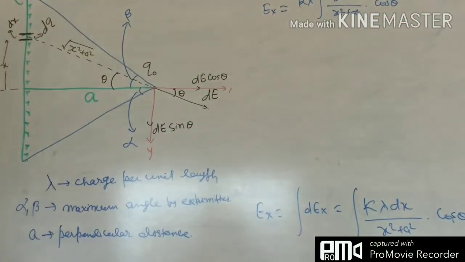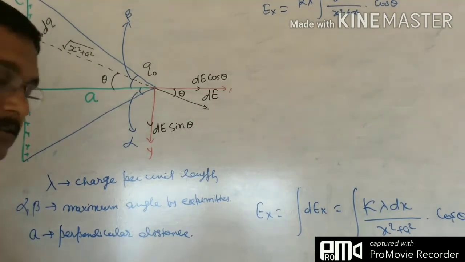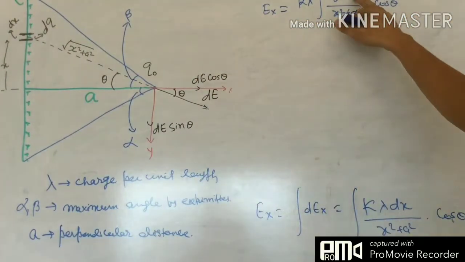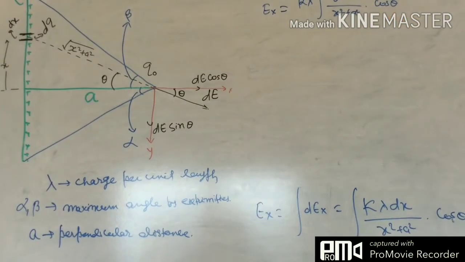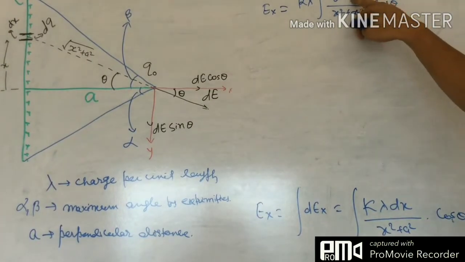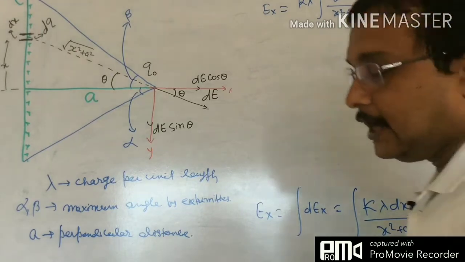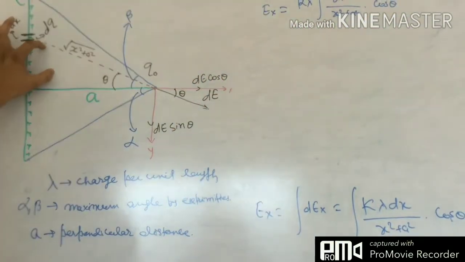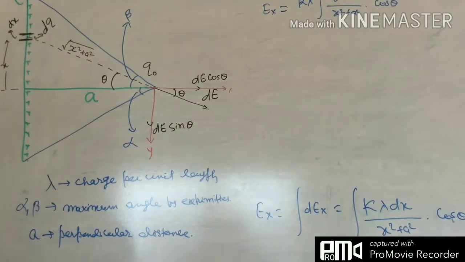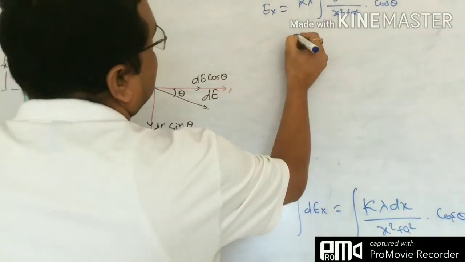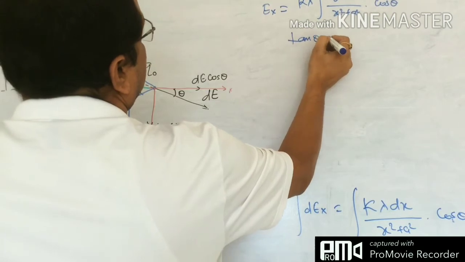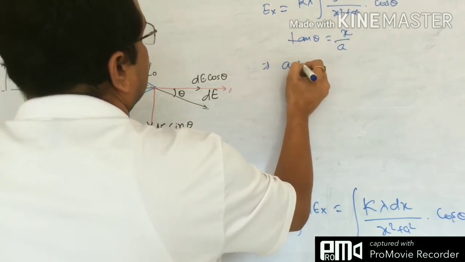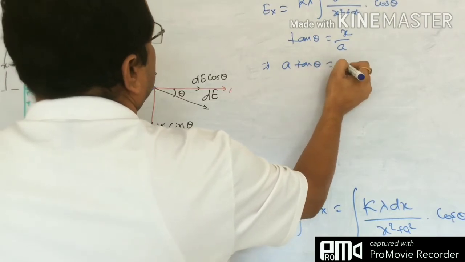Now theta is also a variable and we want to find the relation in terms of theta. So the integration has to be done in theta, but here the integration is in dx form. So we have to establish a relation between dx and theta. In this triangle we can write tan theta equals x by a, so a tan theta equals x.